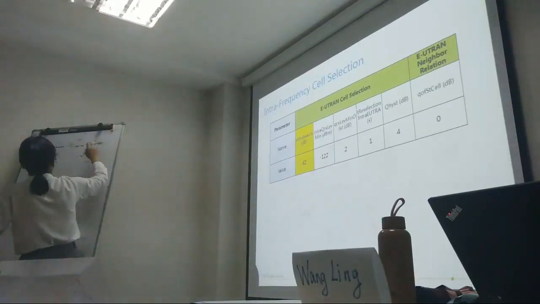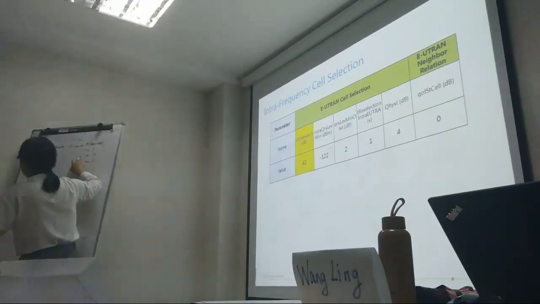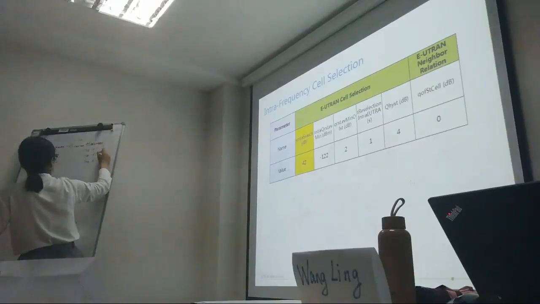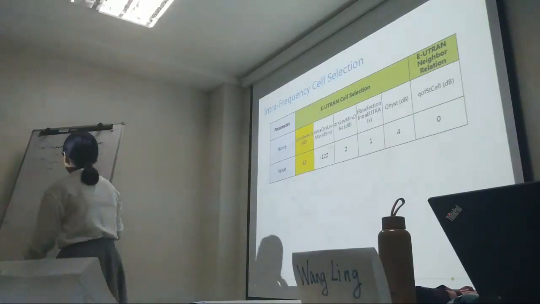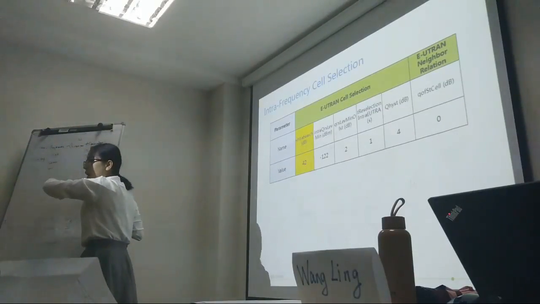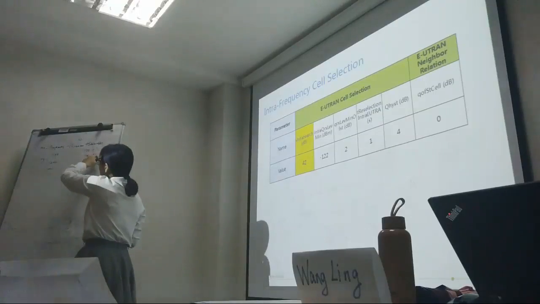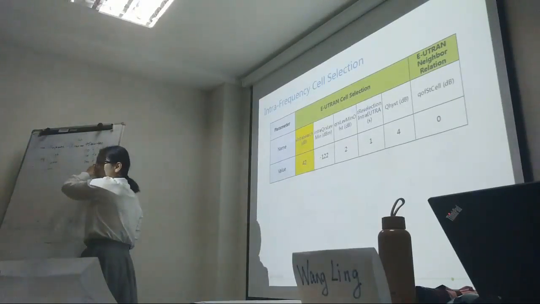If I give TDD F1 a priority of 7, F2 is 6, and FDD is 5, that means TDD frequency 1 is the highest, F2 is second, and FDD is the lowest.